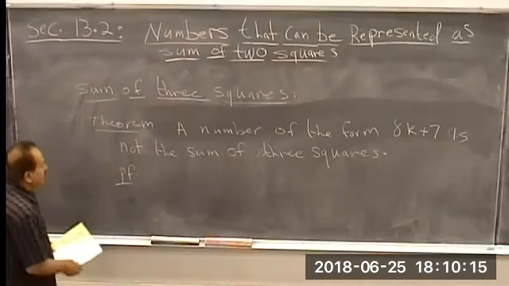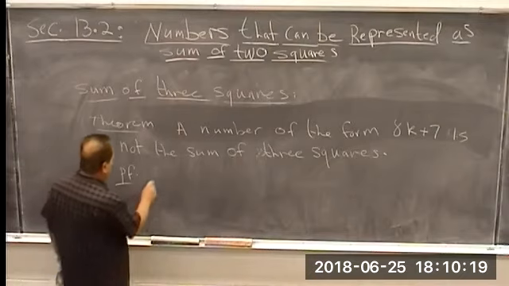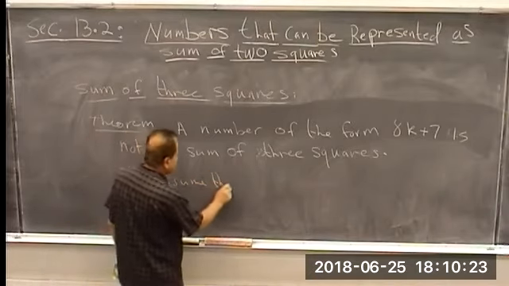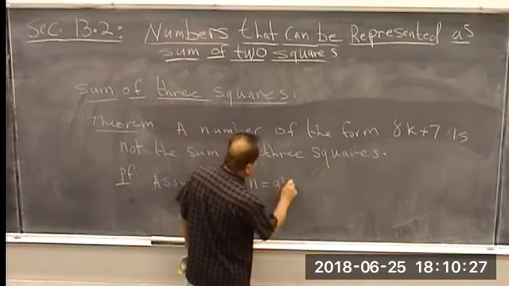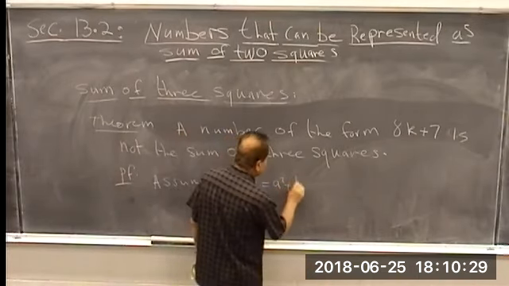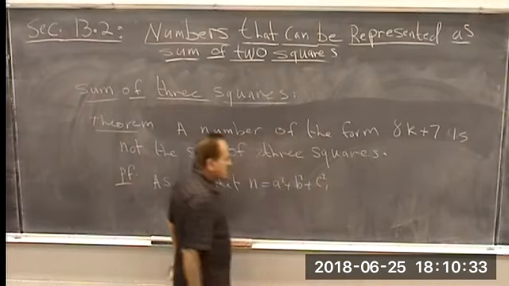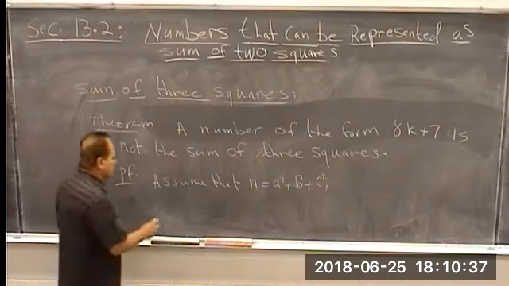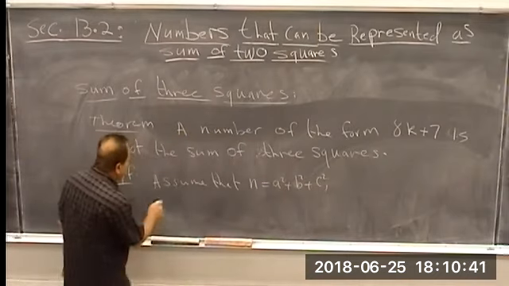All right. The idea is to consider all possible forms. Okay. Let's assume that n is a sum of three squares, all right? And let's consider all possibilities of one of these, meaning for any n.